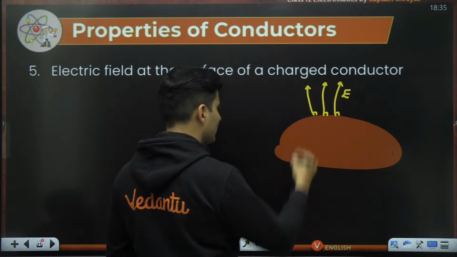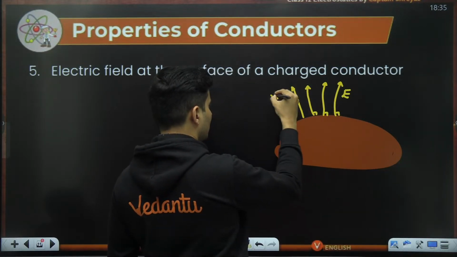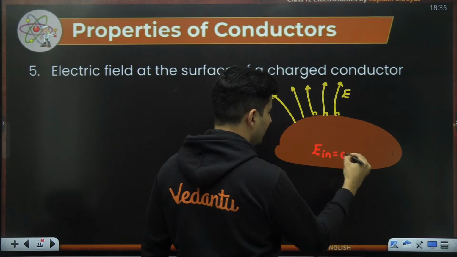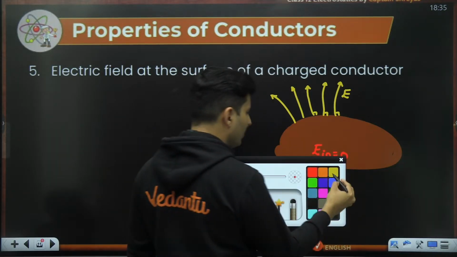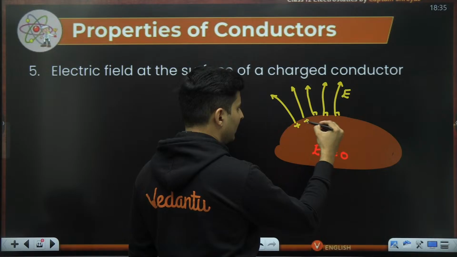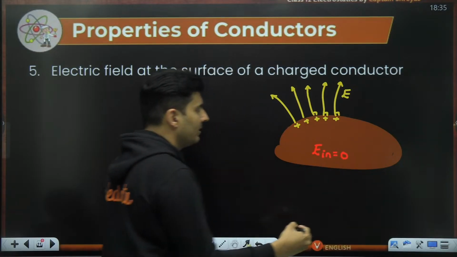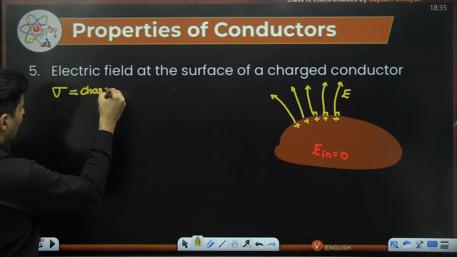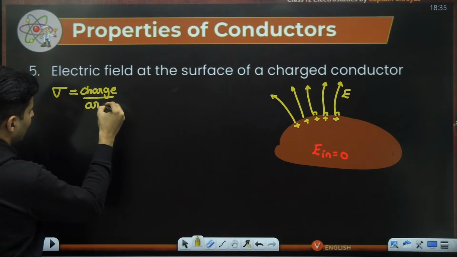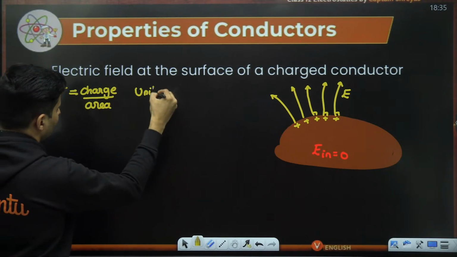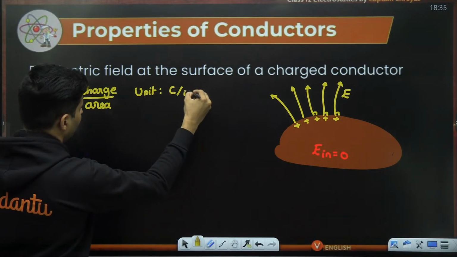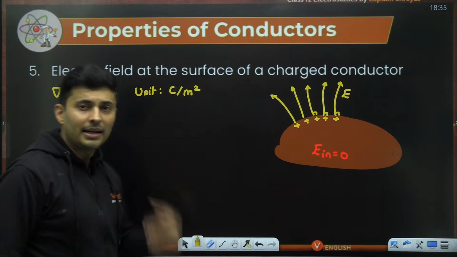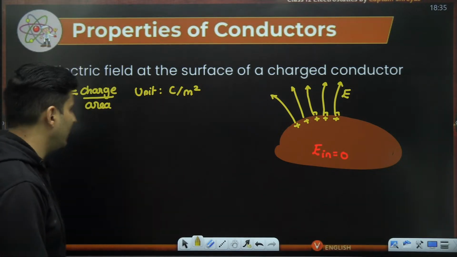Electric field is always outside the surface of the conductor. Electric field inside is going to be 0. Let's say if you take the surface of the conductor, the charges are distributed like this. And we know sigma, which is the charge per unit area, whose unit happens to be coulomb per meter square. Then you can calculate how much this electric field is just outside the conductor.